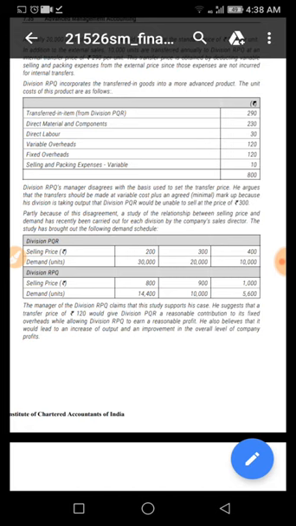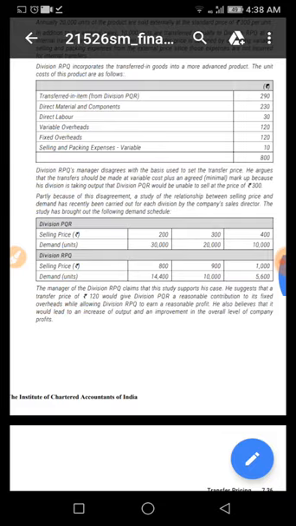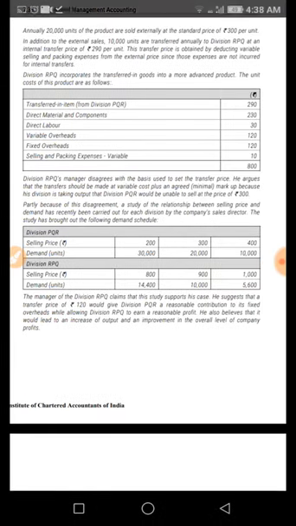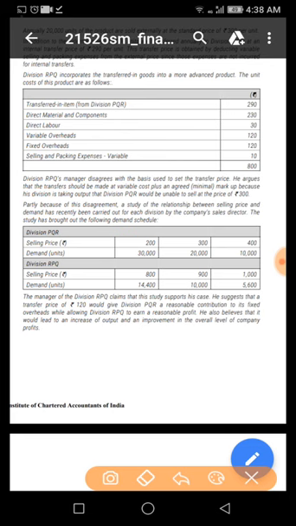Okay, so 10,000, one second, so PQR can sell outside 10,000 and send RPQ 10,000. That is the third option. This one ruled out, this one ruled out. So this is the third option.